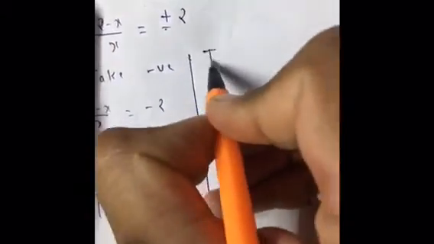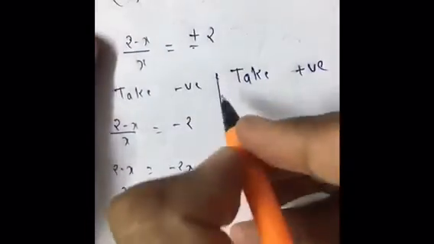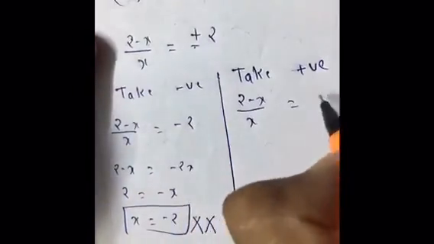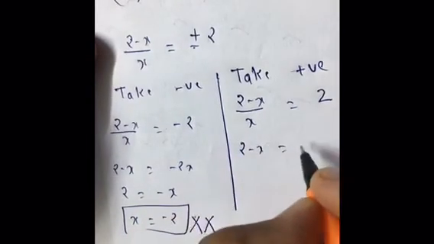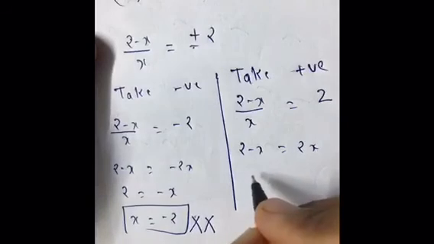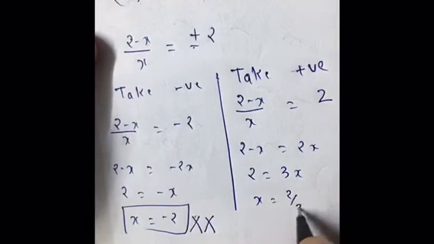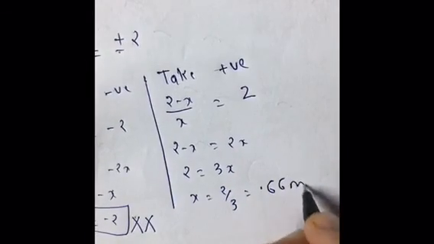Then we have to go for the positive sign. So (2 minus x) upon x is equal to plus 2. So 2 minus x is equal to 2x, so 2 is equal to 3x, x is equal to 2 by 3, that is 0.66 meter.